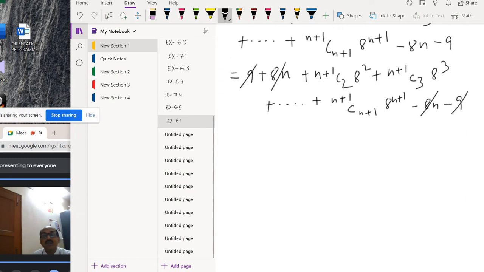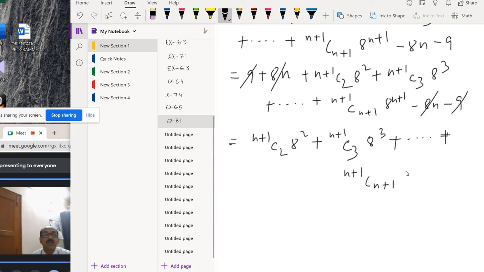So this is equal to n plus 1 C2 8 square plus n plus 1 C3 8 cube plus ... last term n plus 1 C n plus 1 8 to the power n plus 1.